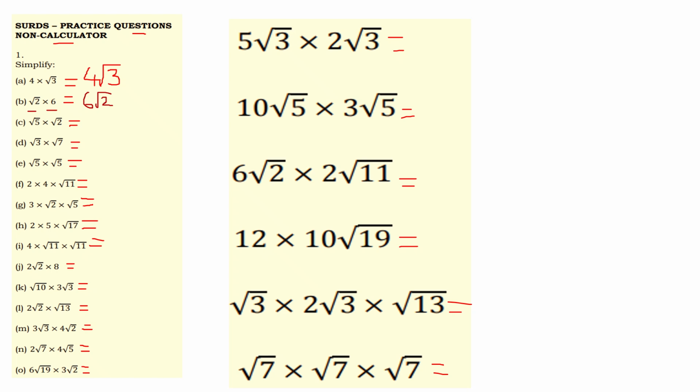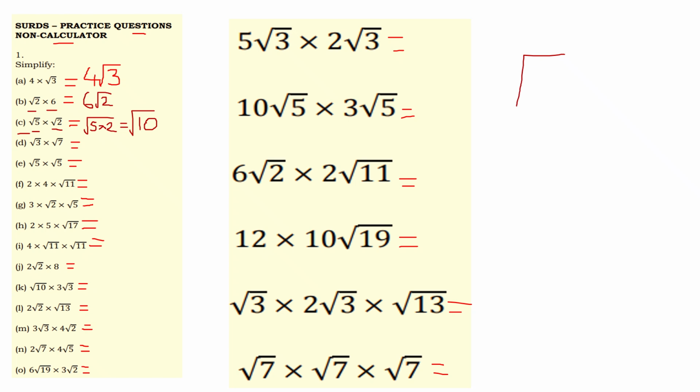Next up, part C, root 5 times root 2. Well, the laws of surds state that I can write it under one square root. So it's the square root of 5 times 2, and 5 times 2 is 10. So we have root 10. The square root of 5 multiplied by the square root of 2 simplifies to the square root of 10.